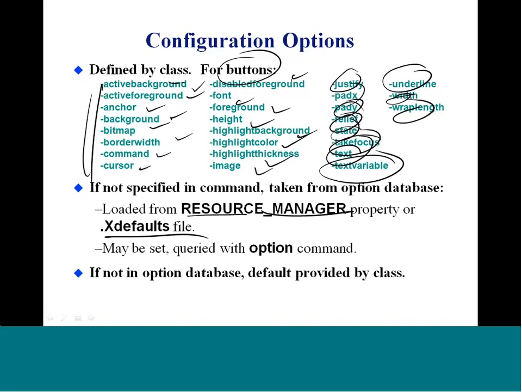You can also use the set command to set an option, and we can query these options with the option command itself. If it is not in the option database, the default is provided by its class.